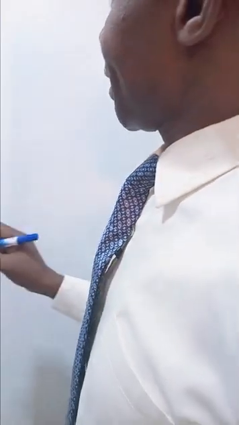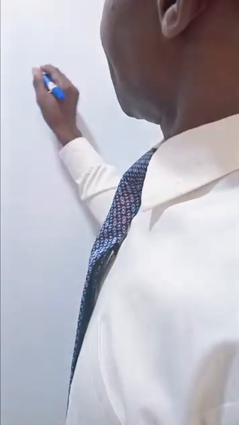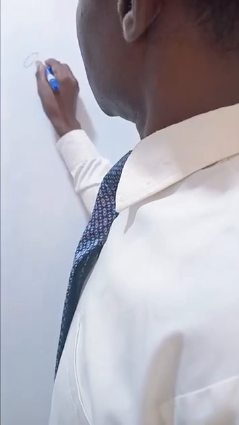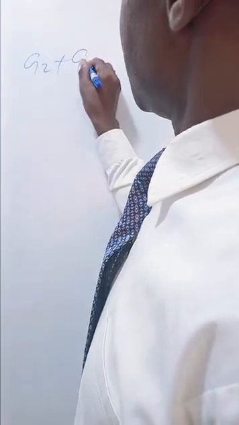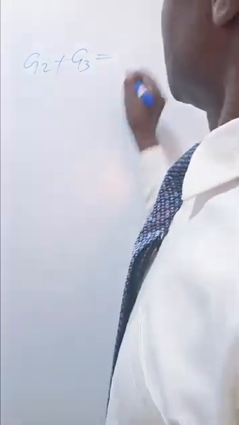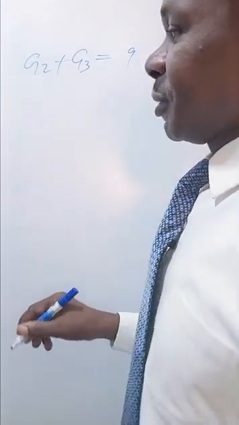So from the given question, having written down this information, now what does the question want us to do? The sum of the second, that is G2, and the third, this is G3, should give us 9.